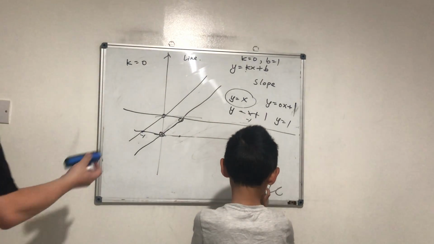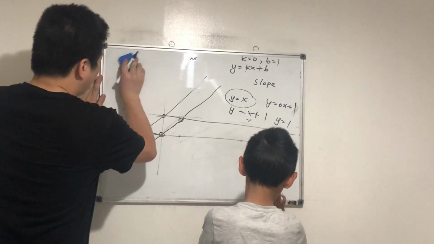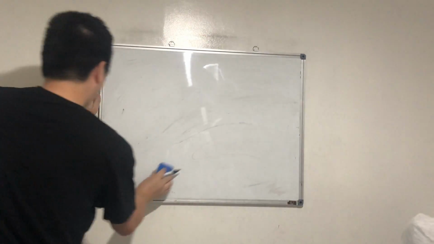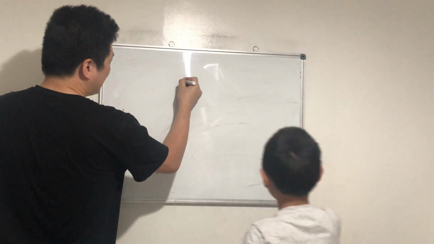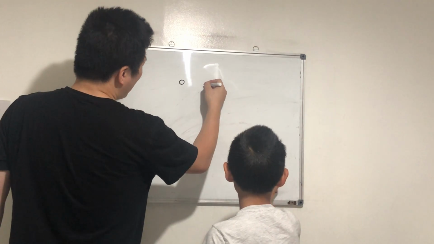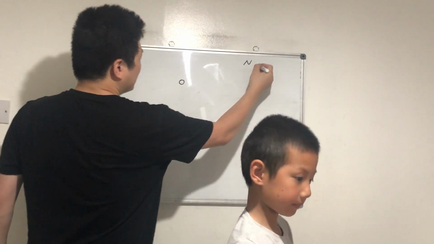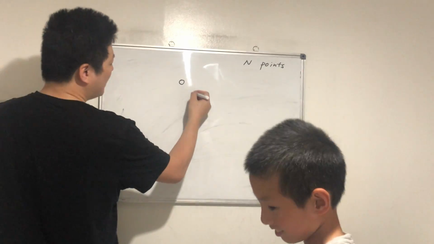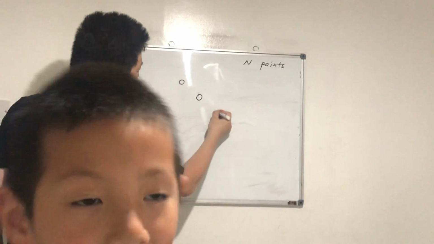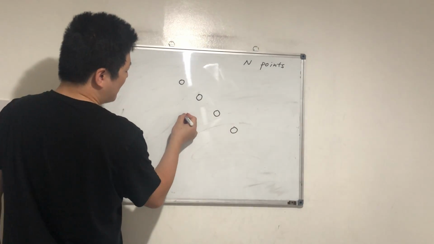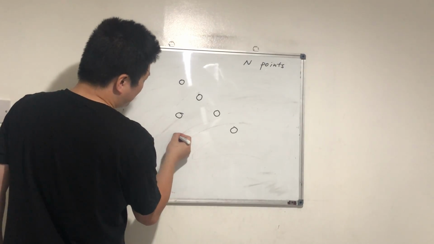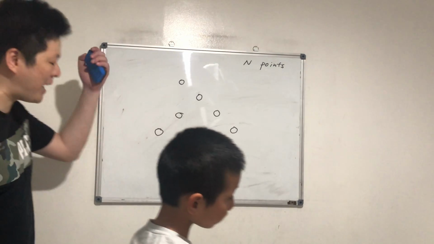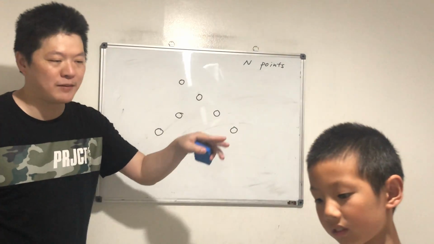Okay. So now today's task is very, very simple. Or maybe not simple. Not simple, okay? So given n points, n coordinates, on the whiteboard, we want to know, for example, the maximum number of points that are on the same line.